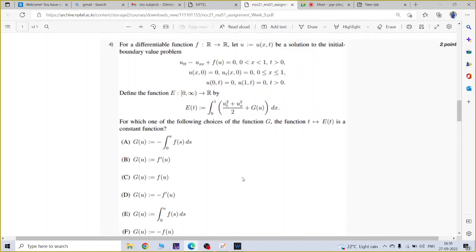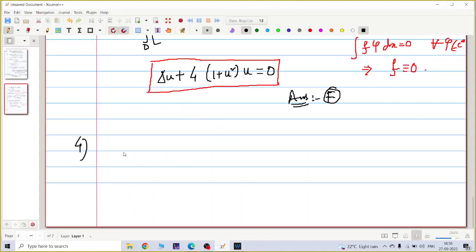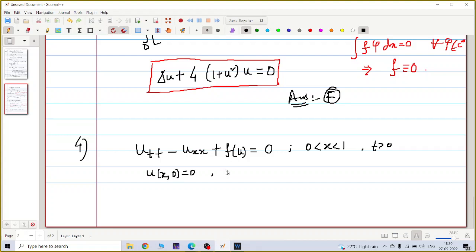A differentiable function u is the solution of the problem utt minus uxx, the wave equation, plus f(u), a reaction term, equal to 0, for t positive. u(x,0) is 0 and ut(x,0) is 0 for 0 less than or equal to x less than or equal to 1.